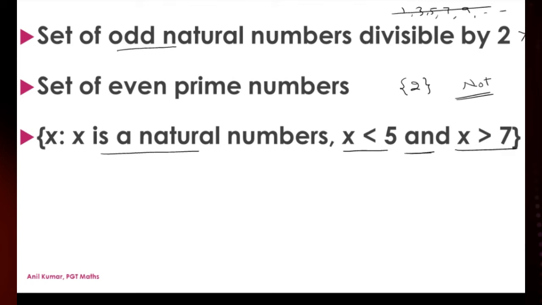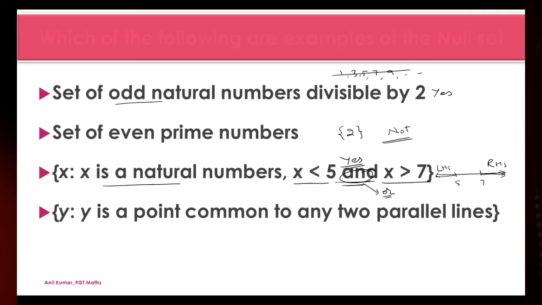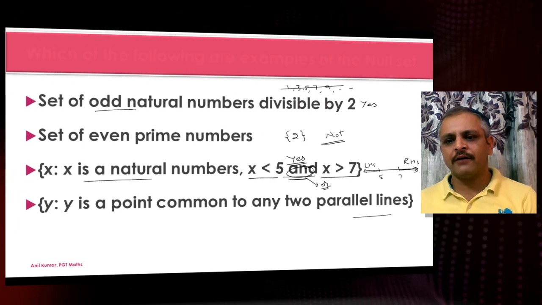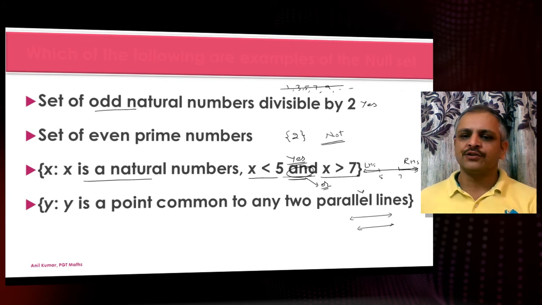The word here is "and", which means we have to select a natural number that is less than 5 and simultaneously more than 7, which is not possible. So it's an example of the empty set. Next, y is a common point to any two parallel lines. Any two parallel lines will not have any common point. So yes, this is an example of the empty set.